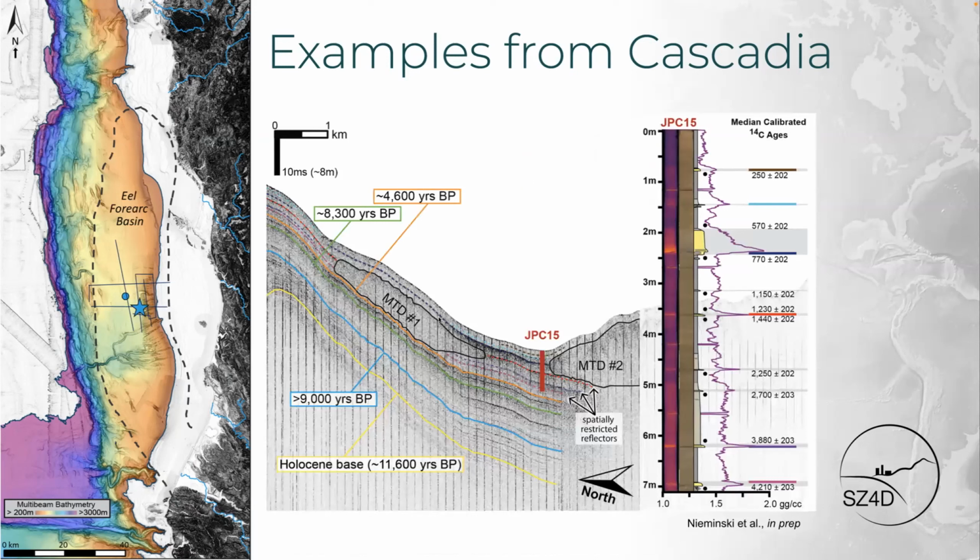In this imaging example, we see a series of mass transport deposits that have been imaged seismically, but then especially by integrating with coring data, and cores that were located based on the seismic imaging data, we have a chance to track the sedimentary system and understand how things worked with time.